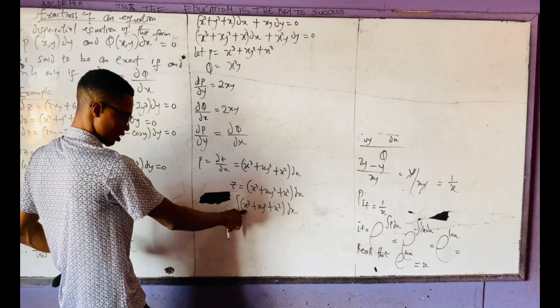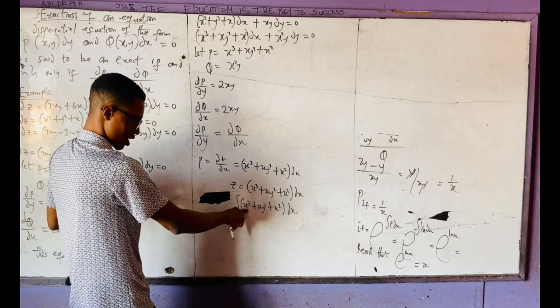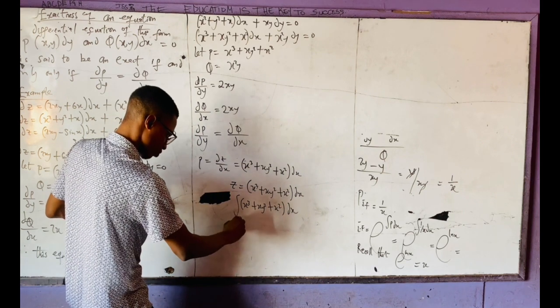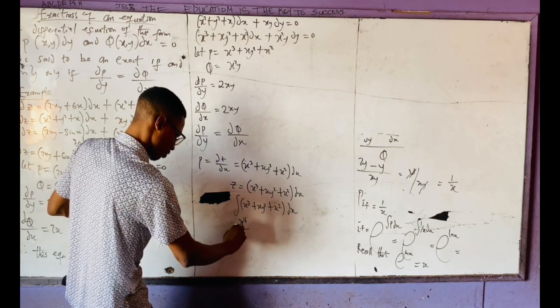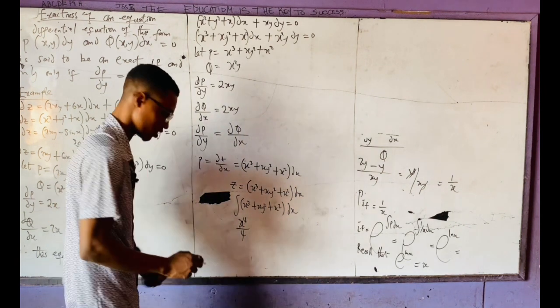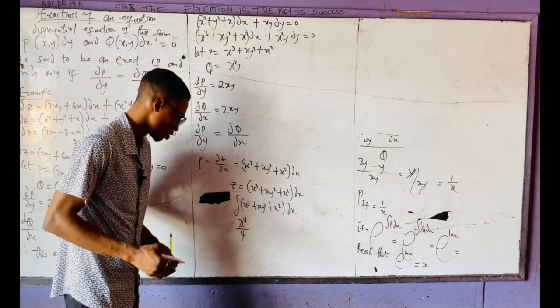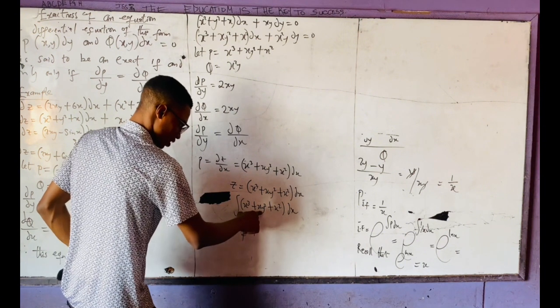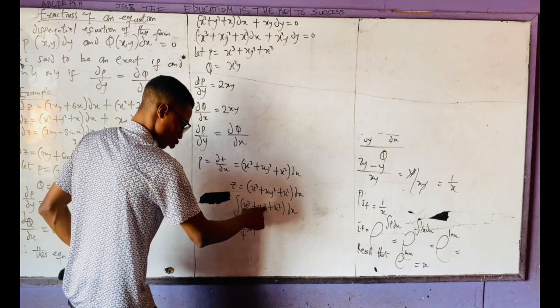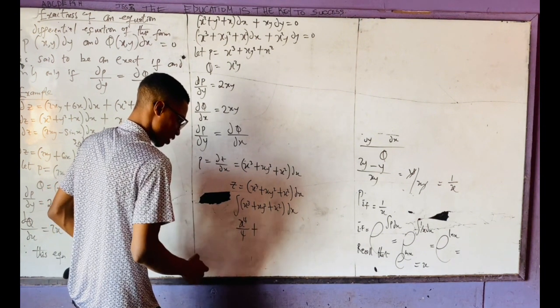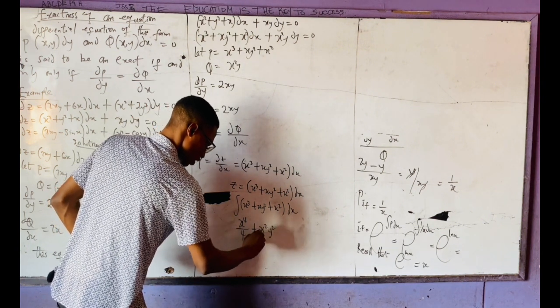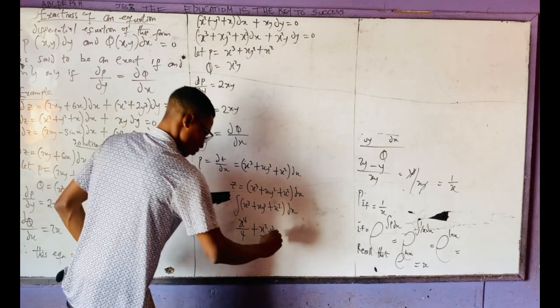Now if I integrate 3 cube with respect to x, I'm going to have x raised to power 4 over 4. I believe you still remember our laws of integration and differentiation. Plus, if I integrate xy squared with respect to x at the same time, I'm going to have x squared y squared over 2.